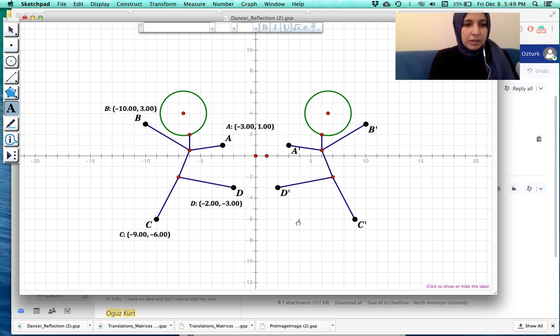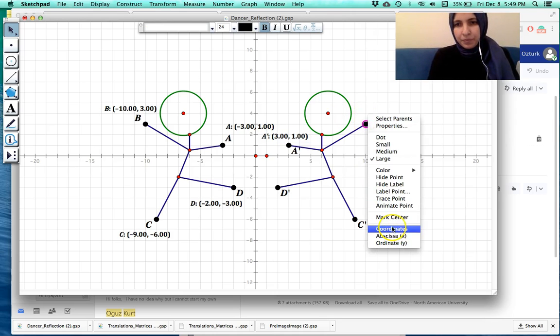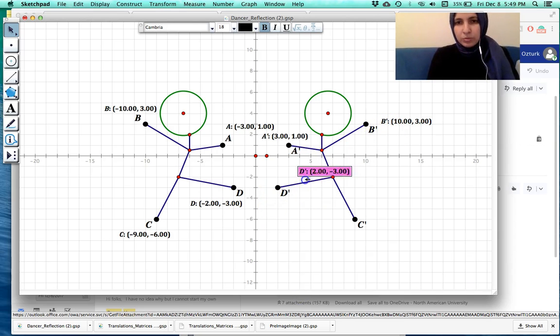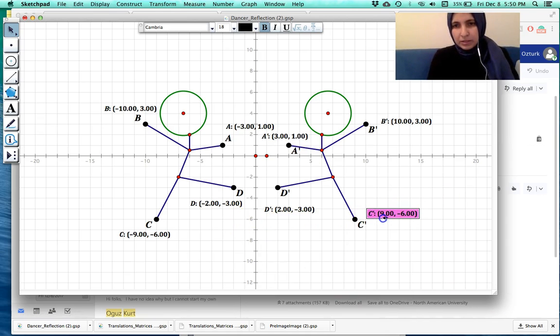And after finding the coordinates of them, A as 3 to 1, B 10 to 3, and D 2 minus 3, and C 9 minus 6. I think all of them were true.